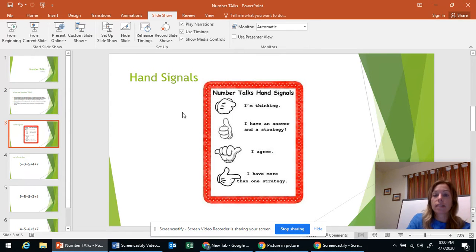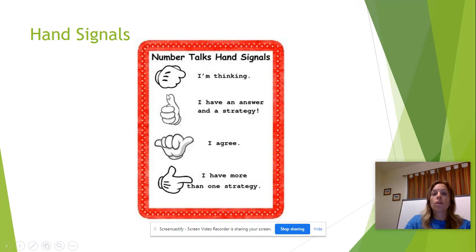So up next, let me make this a little bigger for you. These are the Number Talks hand signals that I was referencing. Once the students see the equation up on the board, they are going to make that symbol in front of them, just like I am. That shows that they are thinking about what they want to put down as their answer.